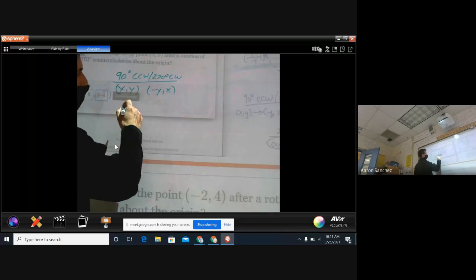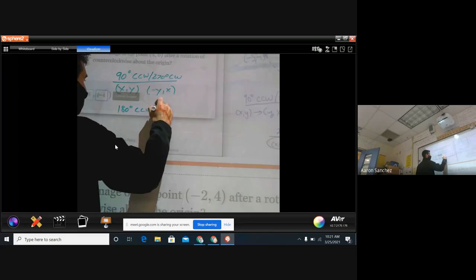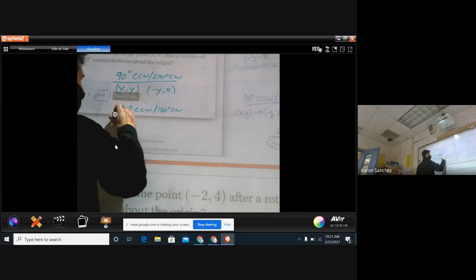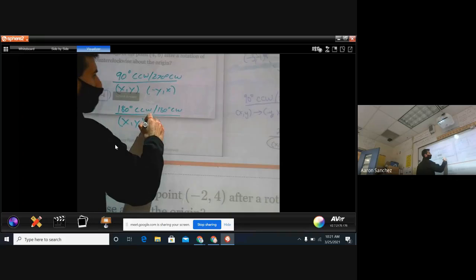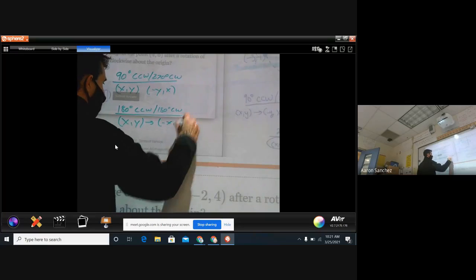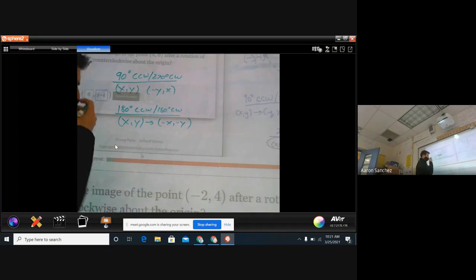And then you can say 180 degrees counterclockwise, which is the same as 180 degrees clockwise: x, y becomes negative x, negative y. So the signs switch. The negative means just that the signs switch, they change.